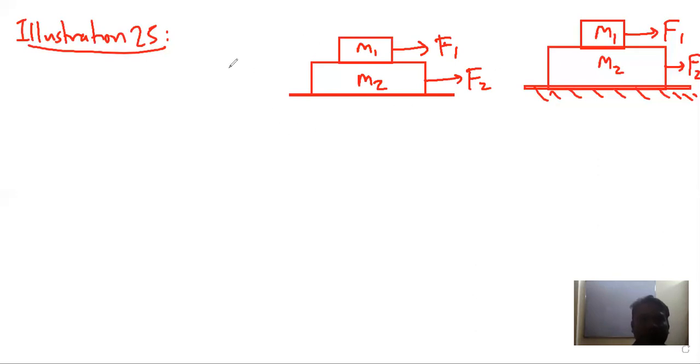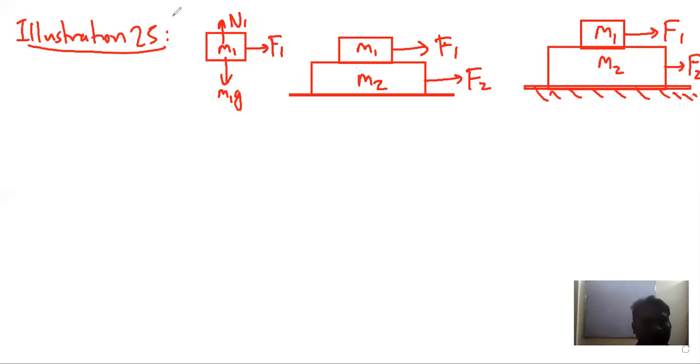If I draw the free body diagram individually, in this case we have M1 block. Rightward force F1, M1g in downward direction, normal reaction N1 by block M2 on M1 in upward direction.